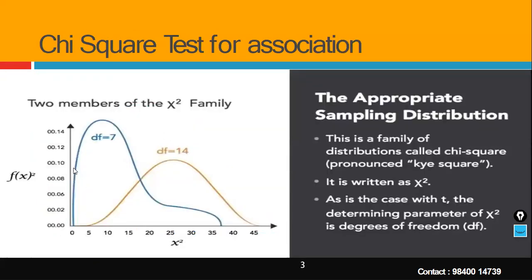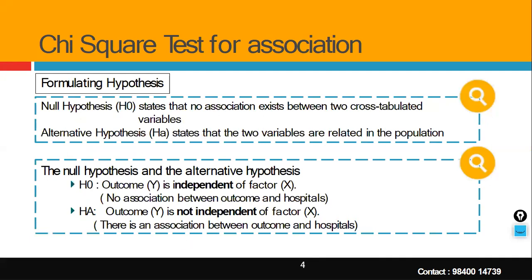This is how the chi-square distribution looks. It is pronounced chi-square. The determining parameter of chi-square is the degrees of freedom. It is a right-skewed distribution.